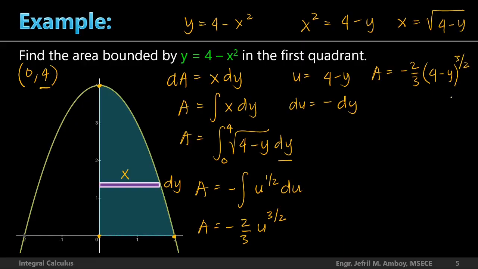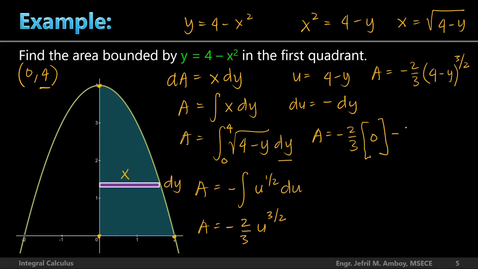Okay, so ito ngayon ang i-evaluate ko from 0 to 4. So, let's now evaluate the area from 0 to 4. Okay, so the area is now equal to negative 2/3 times, okay, so here, if I replace y by 4, I will get 0. Okay, so that's 0.